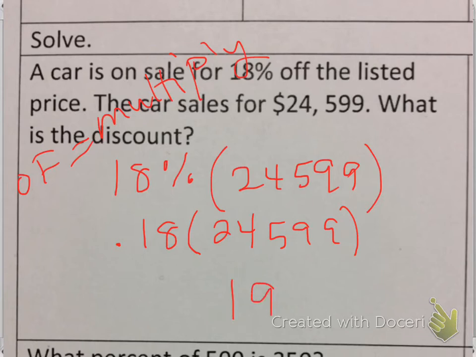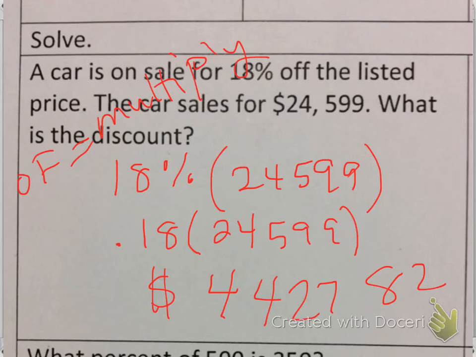When I do that, I get $4,427.82. That would be the discount on the car, the 18% off that we would be earning.